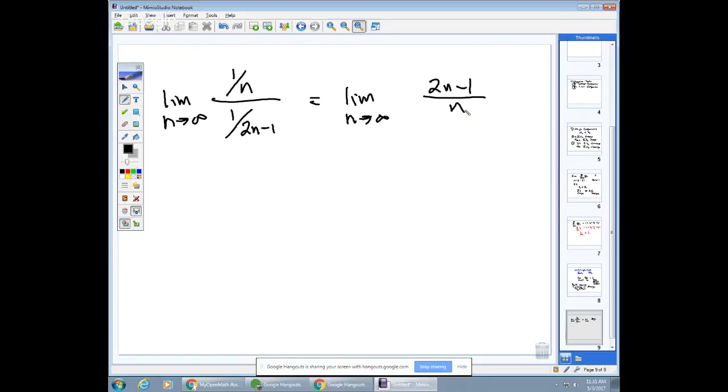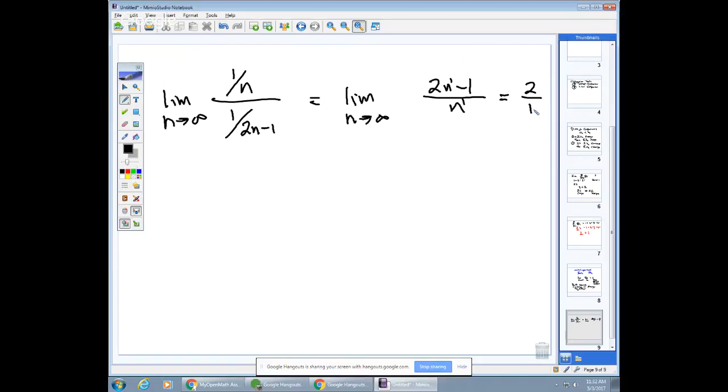And I think, well, if these were x's, they would be polynomials. So they're still polynomials. And they both have the same degree, because this is n to the first power, and this is n to the first power. And we learned a while back that if we take the limit of a rational function, and the numerator and denominator have the same degree, then the limit is the ratio of the coefficients of those highest powers. So this must go to 2.